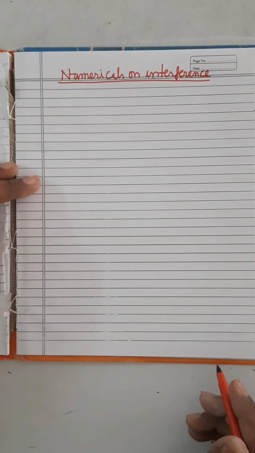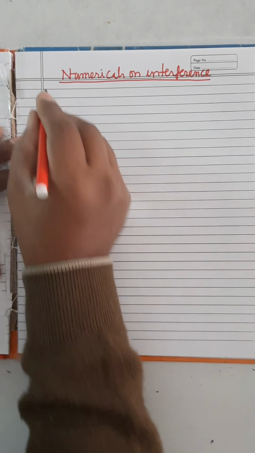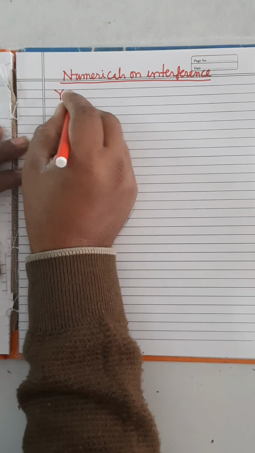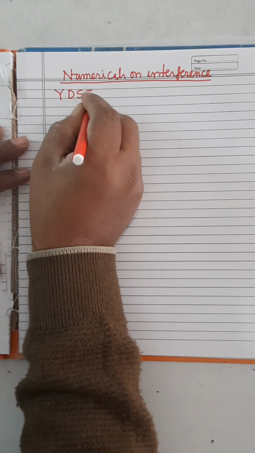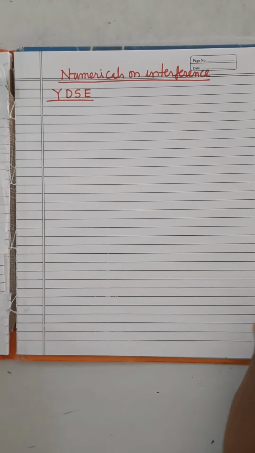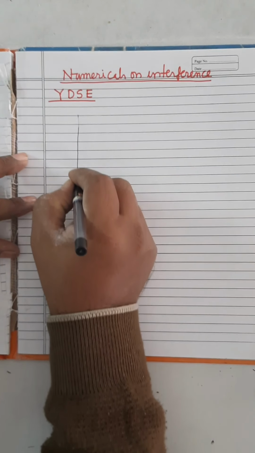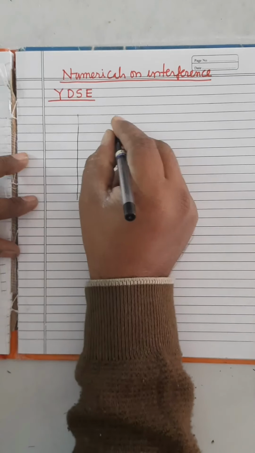So see here, there are some formulae. First, you see the experimental setup of YDSE, Young's double slit experiment. In that experimental setup, there are three opaque screens.